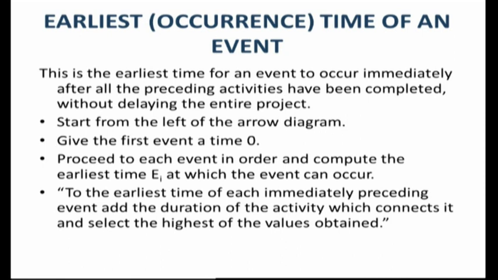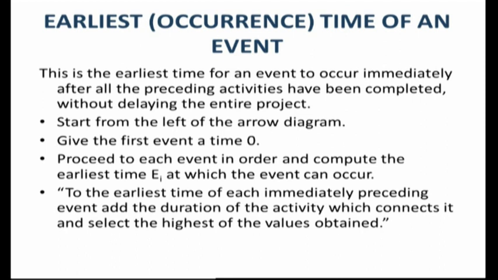So in terms of a network, we start from the left of the arrow diagram, from where we start constructing the network. The very first event, which means the very first node, we start at time 0. We move from the left-hand side to the right-hand side in order and compute the earliest time EI at which the event can occur for each activity.